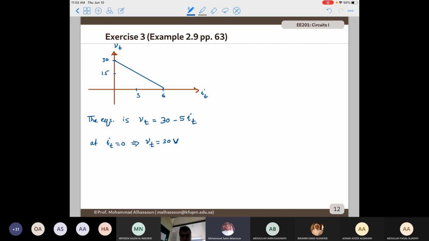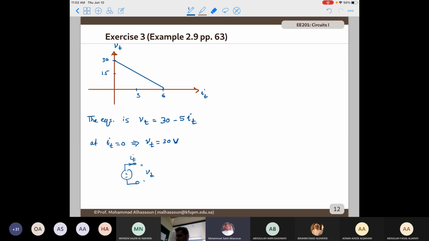So this means we have a constant independent voltage source. Even though the current is 0, you have this circuit diagram, and you notice that It is 0 because it's an open circuit, so the current cannot flow there. But if you measure the voltage, you get a constant voltage.